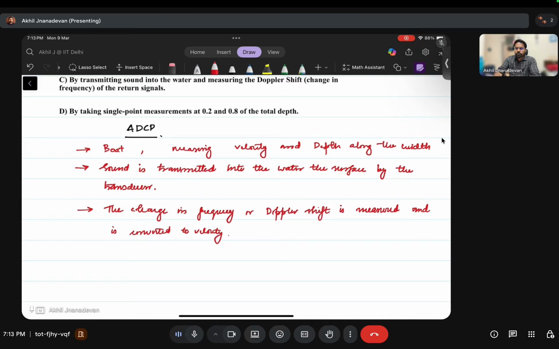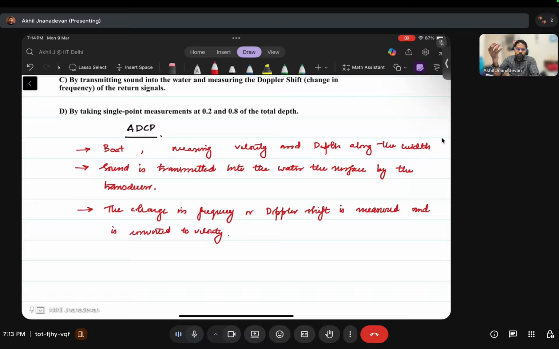So the only thing that you have to remember is we'll need a boat, and we'll be attaching the ADCP with the help of a string or a rope, and we'll be moving from one bank to the other bank. Within the ADCP, we have a transducer that can emit sound signals.